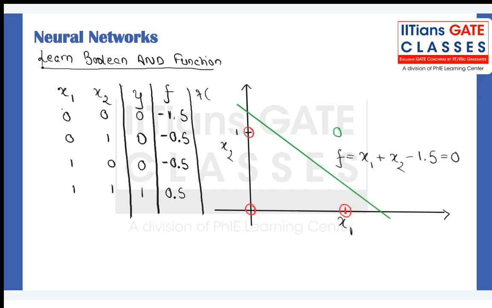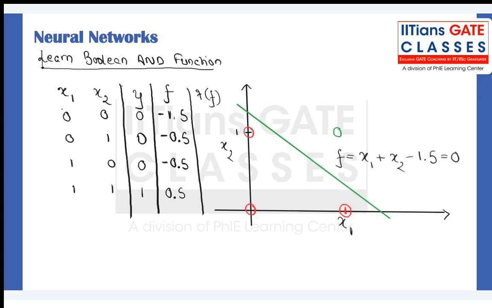If my threshold is 0, which means for any value f, if it is greater than or equal to 0, then I output 1, and if it is less than 0, then I output 0.